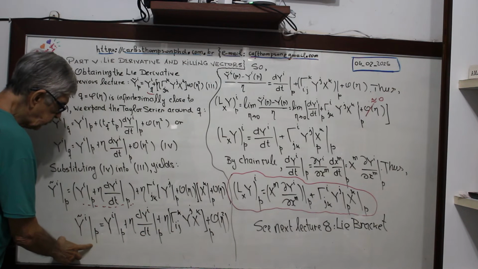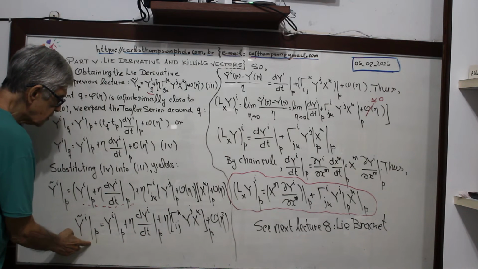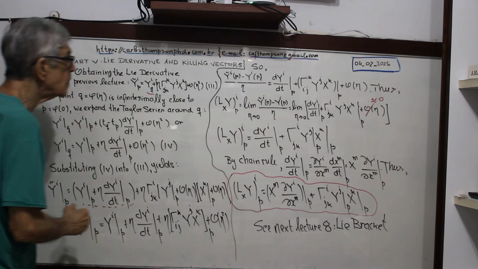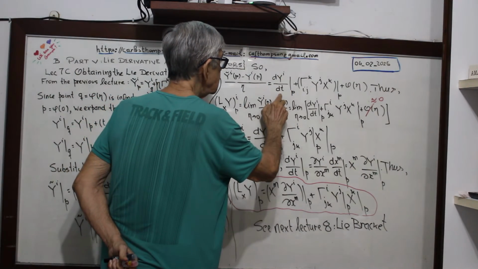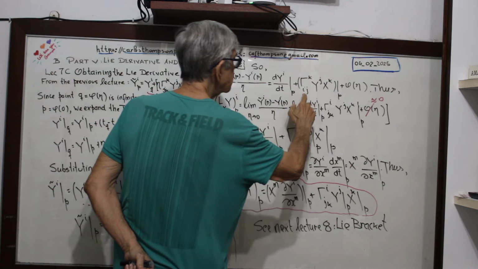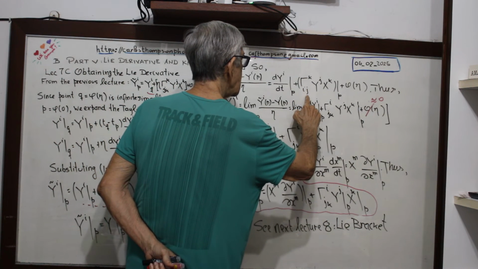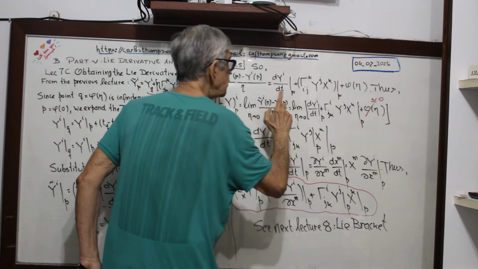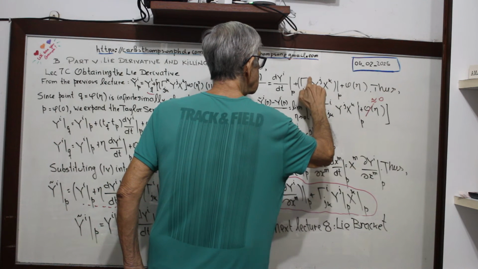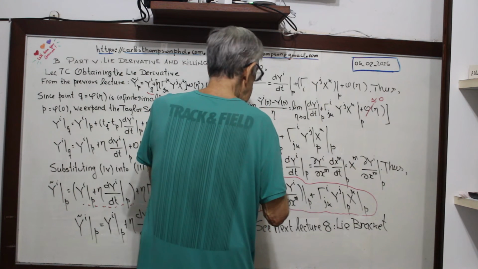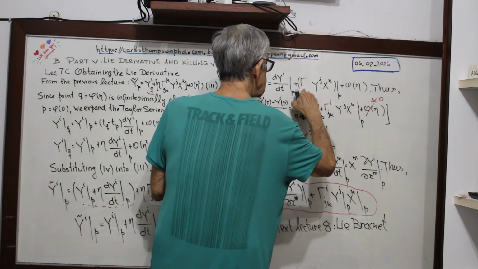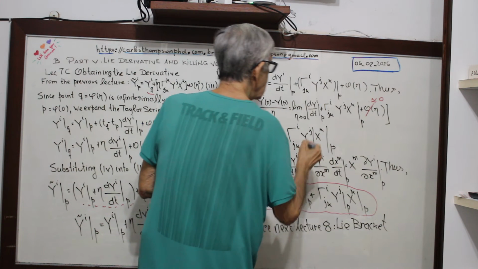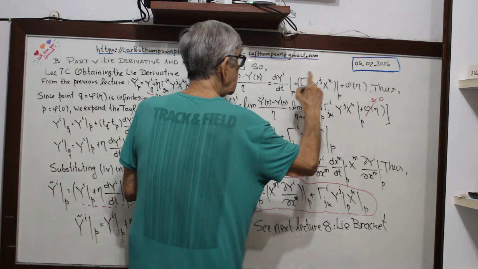So this is dy/dt at p plus the Christoffel symbol Gamma^i_jk, y^j, x^k.